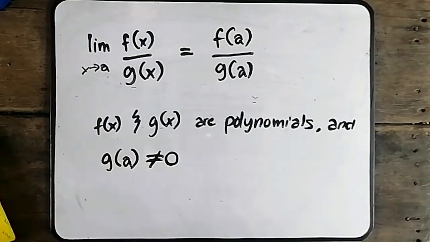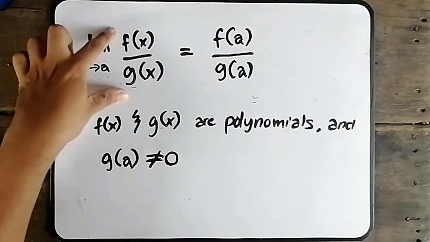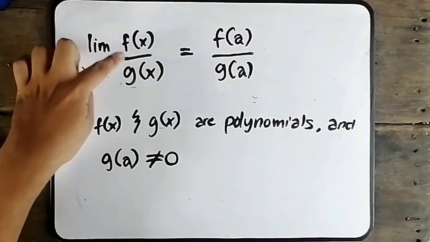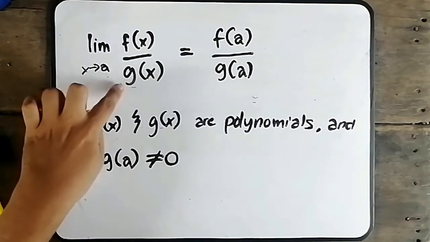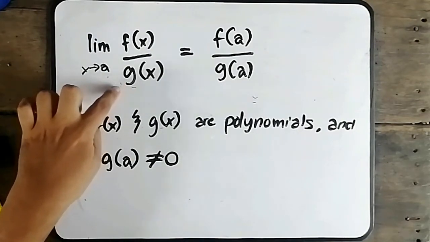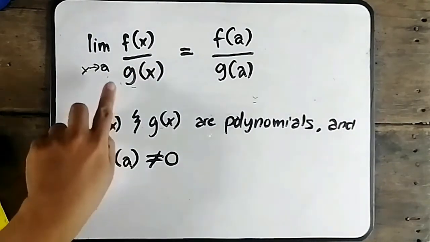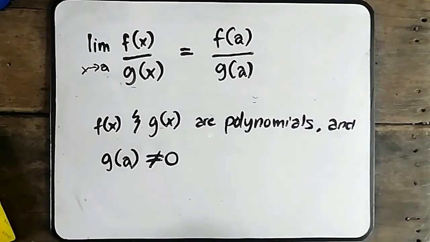So, ganun lang pala yun. Kung meron tayong rational expression, tapos polynomial yung nasa taas at polynomial yung nasa baba. Okay? Tapos, eto, yung g of a is not equal to 0. Pwede pala na i-substitute lang natin yung value ng a.